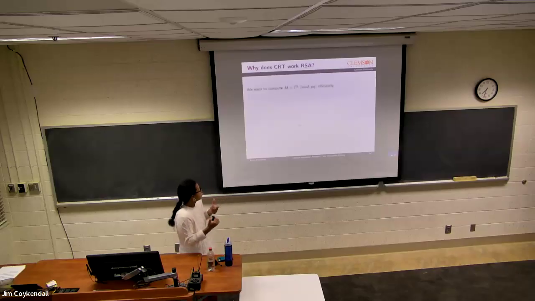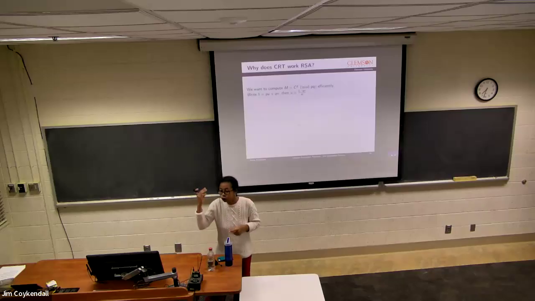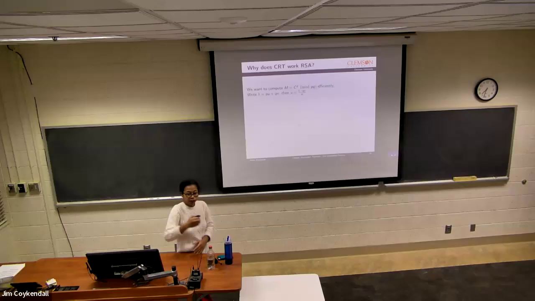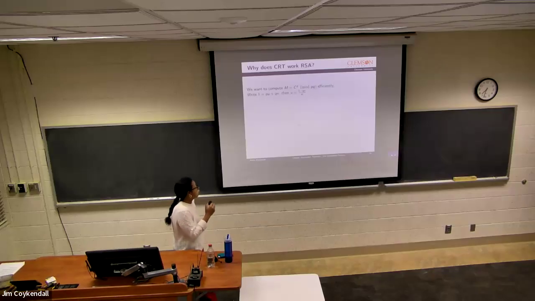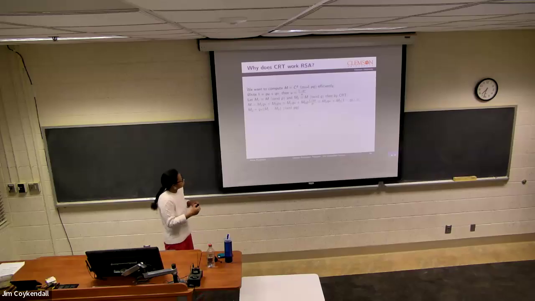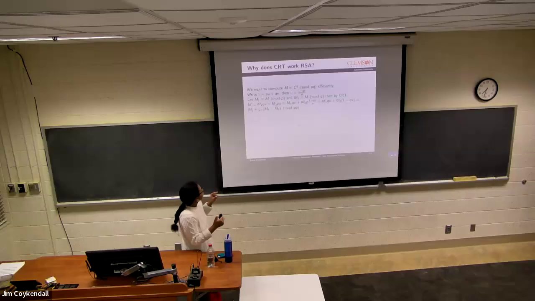So where does the Chinese Remainder Theorem work in this? Again, we want to compute this more efficiently. Since we only have two primes, P and Q, we can do extended Euclidean division to write 1 equals P times U plus Q times V, but then we don't need both of those variables. We can write U in terms of V, so we only have one variable. So now when we have a message, we take it modulo P and modulo Q, then you can write it like this.